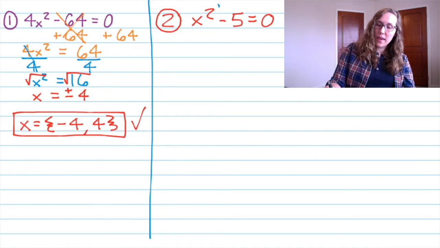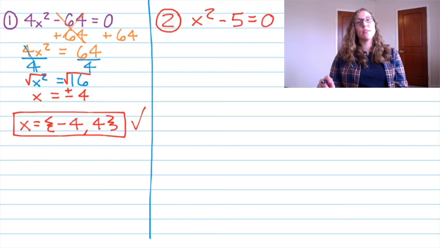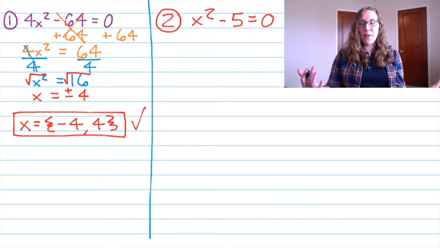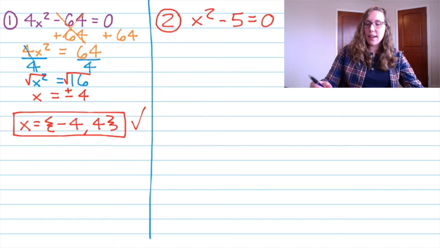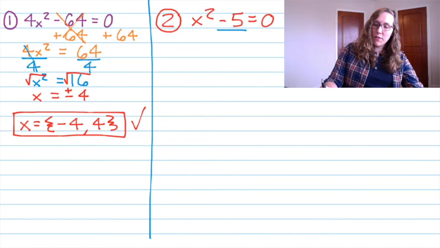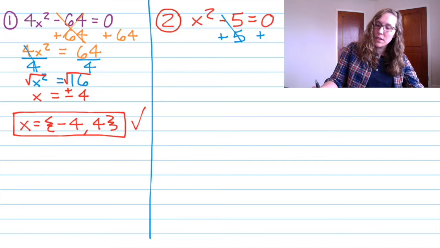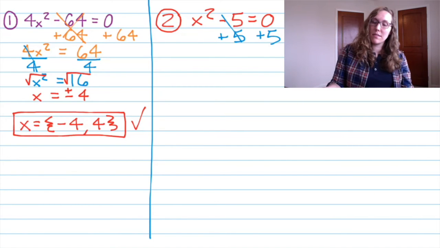Here we have x squared, and also hanging out over here with x, we have a minus 5. Same process we followed before, following the order of operations backwards to isolate x. We're going to first undo minus 5. The inverse operation, or the opposite of minus 5, is adding 5. We have to do that to both sides to keep our equation balanced.